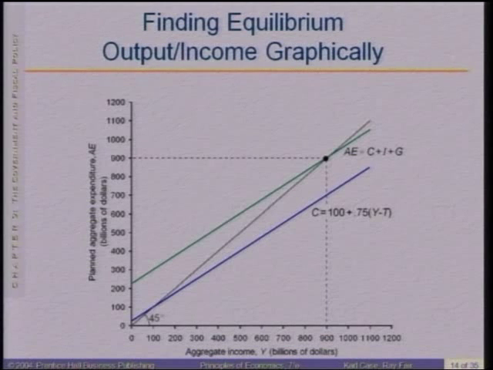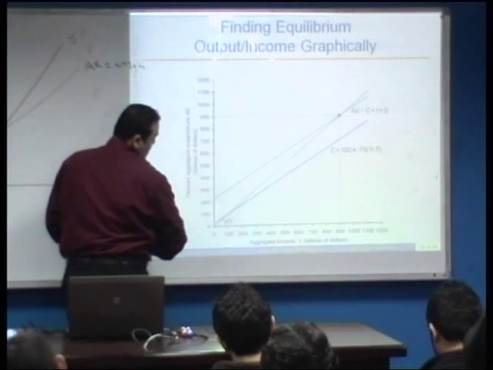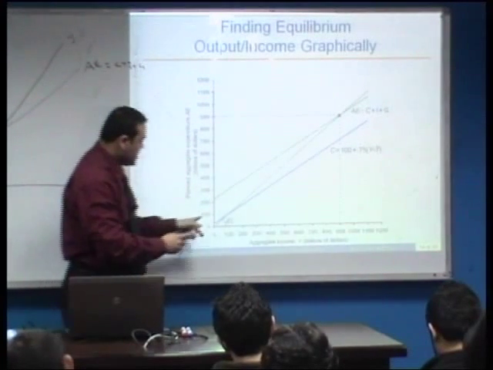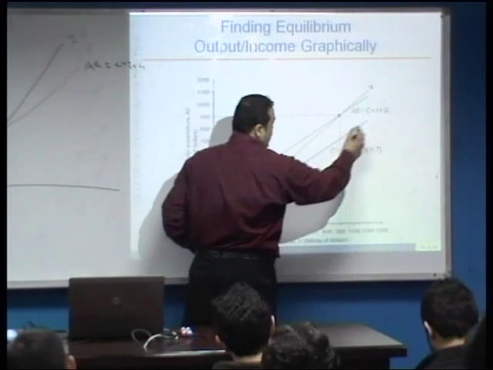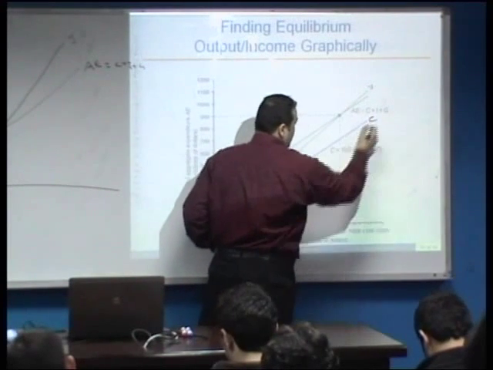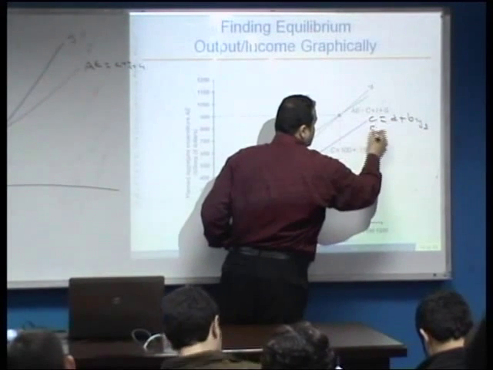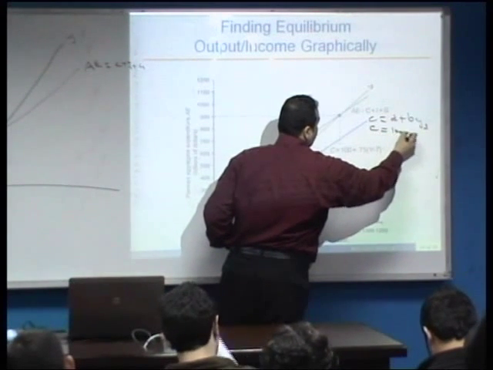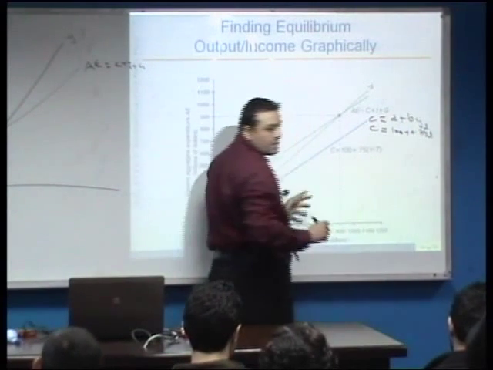So as you see in this diagram, this is Y, the black line is Y. The blue line is the consumption function, which equals A plus BYD, or C equals 100 plus 0.75 YD, right?